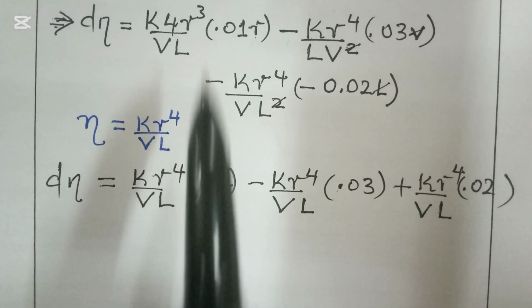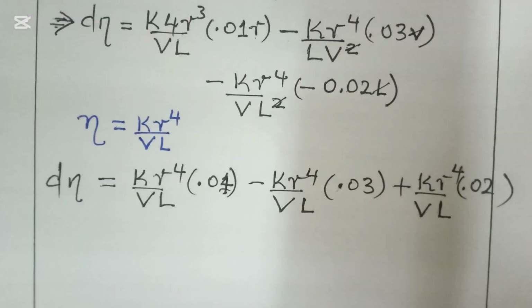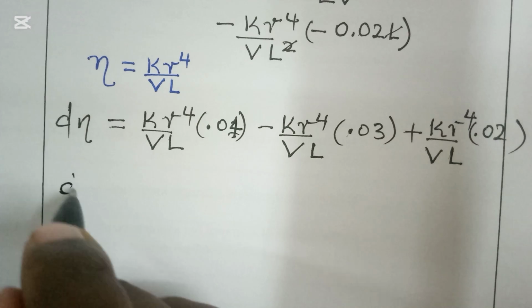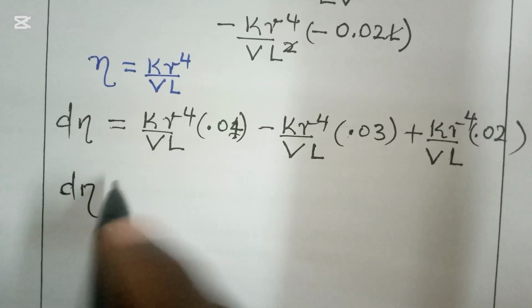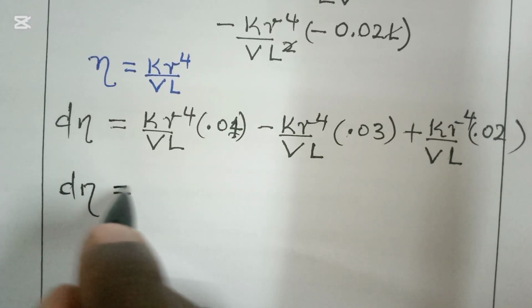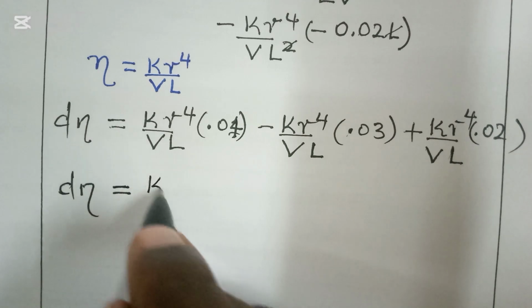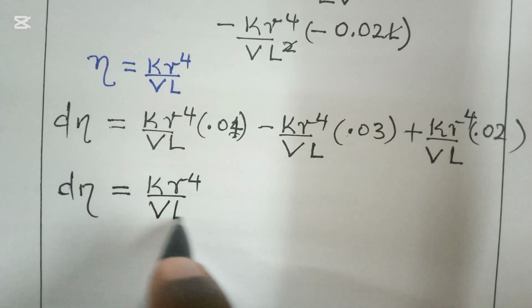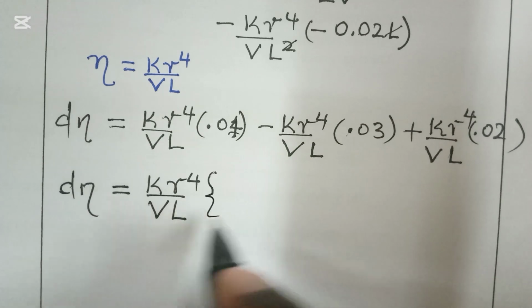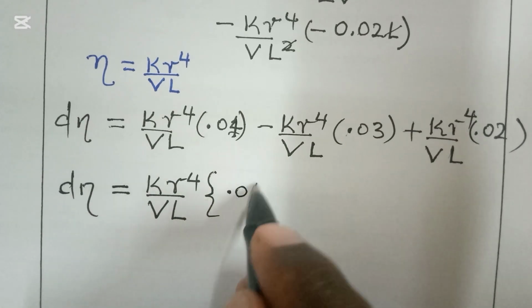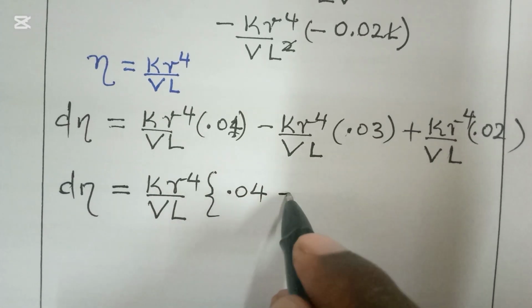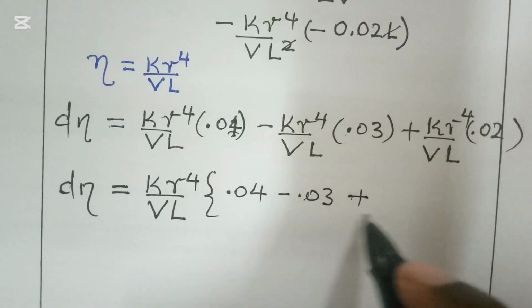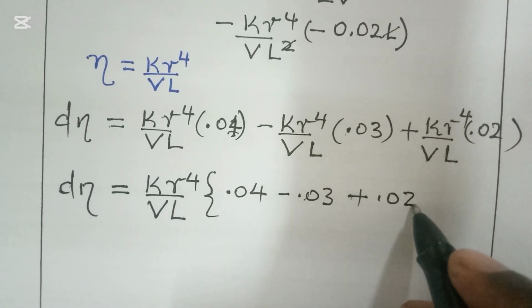So finally we shall have d eta equals, we can now factor out K R raised to 4 all over VL, then we have 0.04 minus 0.03 plus 0.02.